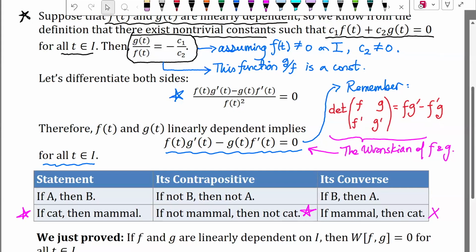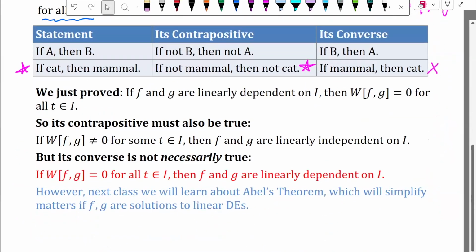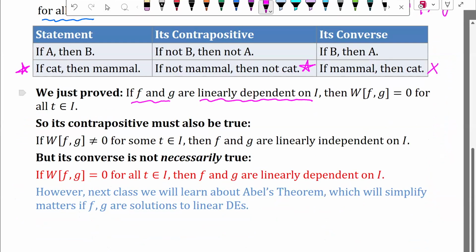So what have we proven? We've just shown that if two functions f and g are linearly dependent on some interval I, their Wronskian is necessarily 0 for all points on the interval that we are interested in. The contrapositive also has to be true. And the contrapositive says that if the Wronskian is non-zero for some point t on the interval, then our functions f and g are linearly independent on that interval.